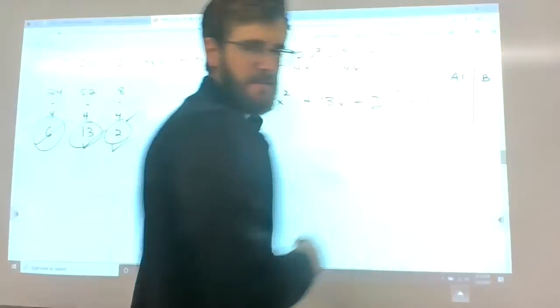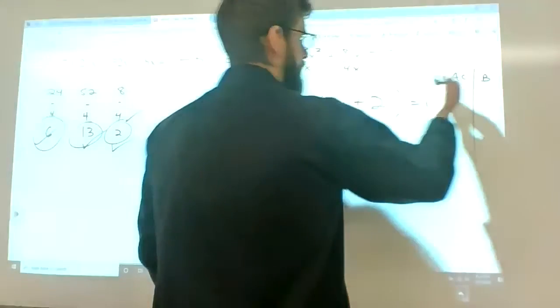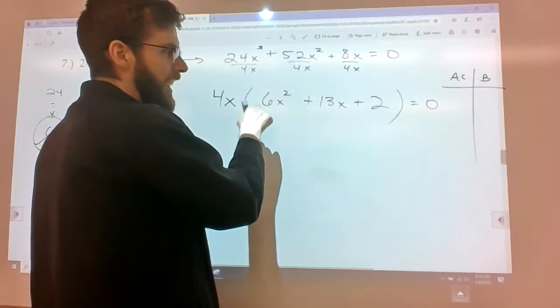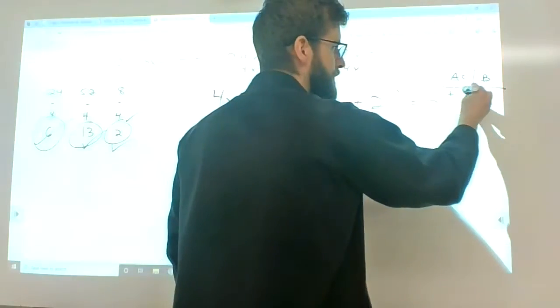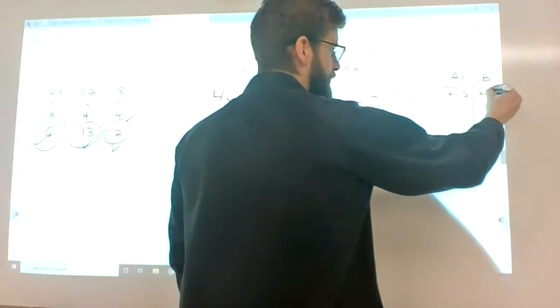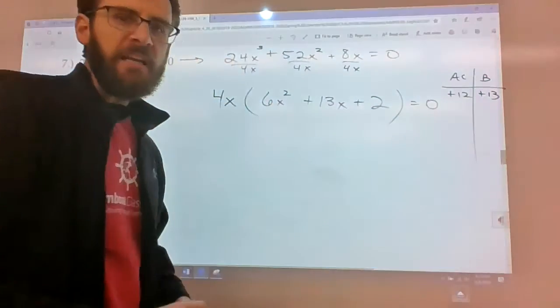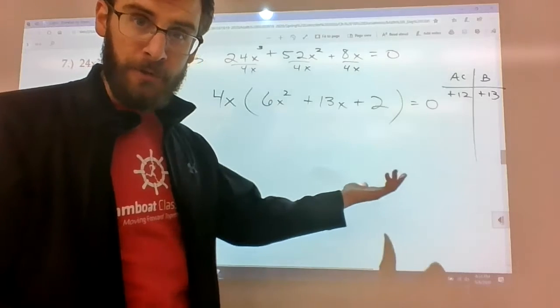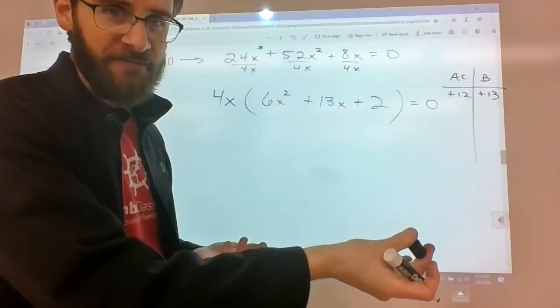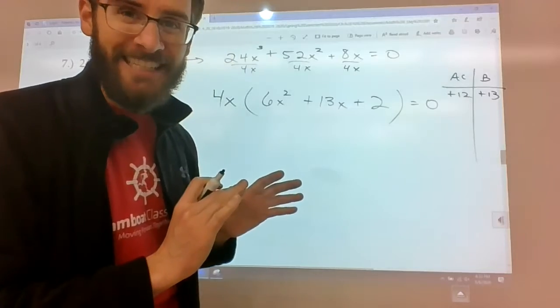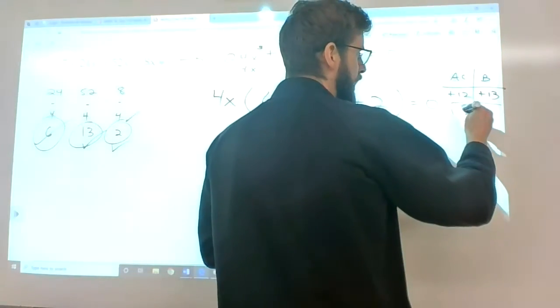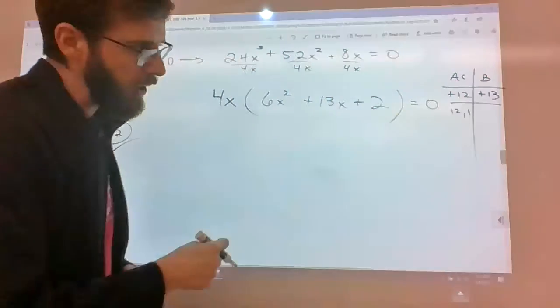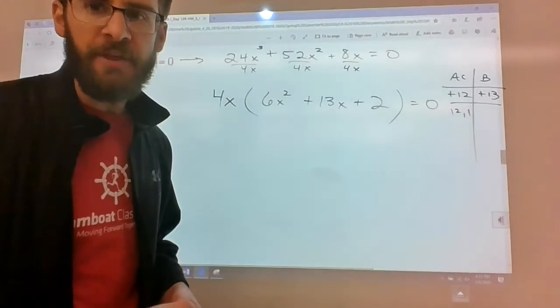All right, so what multiplies to give me positive 6 times positive 2 and adds up to give me 13? And this brings us back to the example where 12 and 1 multiplies to give me 12, adds up to give me 13. So 12 times 1 gives me 12. 12 plus 1 gives me 13.